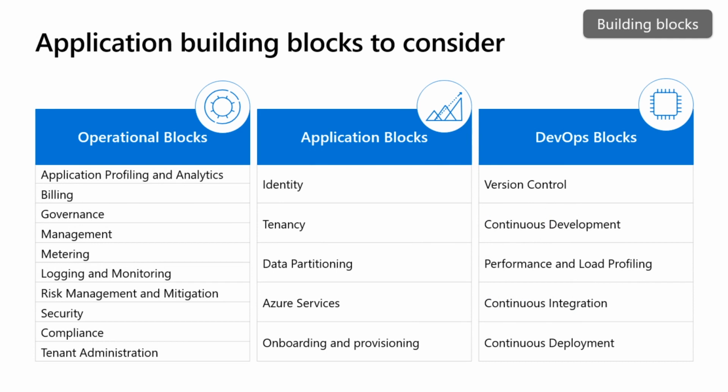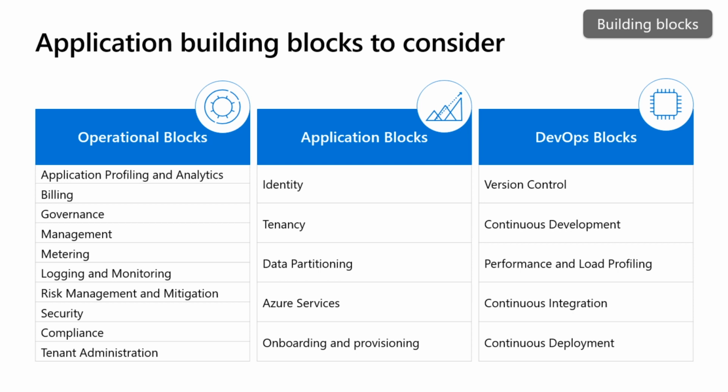The last part that we're going to talk about is the building blocks to consider. So we broke them down into three big groups. Operational basically will give you what the operations are. So this is going to be your billing, governance, management, the metering, logging and monitoring. Then we have the application blocks itself. Those are the ones that build the solution, the core of it. So this is where you're going to have what identity model you're going to use, the tenancy, how you're going to partition the data depending on what your customer needs, what your compliance needs are for that solution.